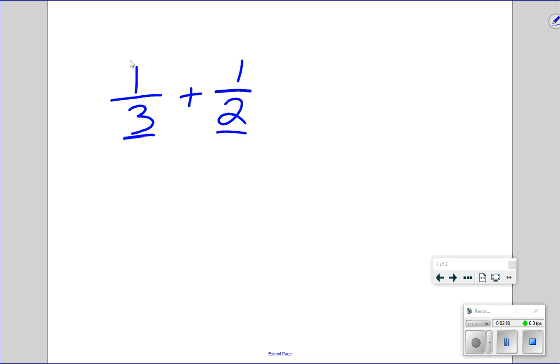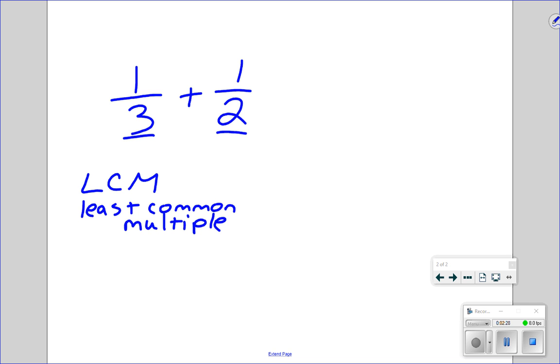I need a multiple of both 3 and 2, preferably the least multiple they have in common. That's called the LCM, the least common multiple. It'll also be called the least common denominator, because it'll be the denominator. In this case, the least common multiple of 3 and 2 is 6.